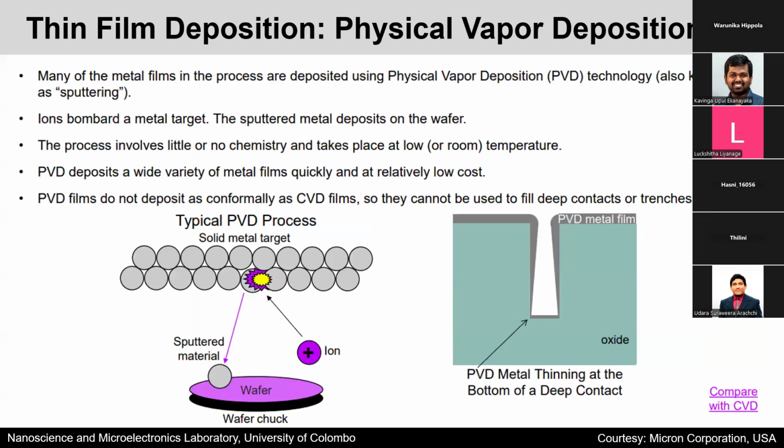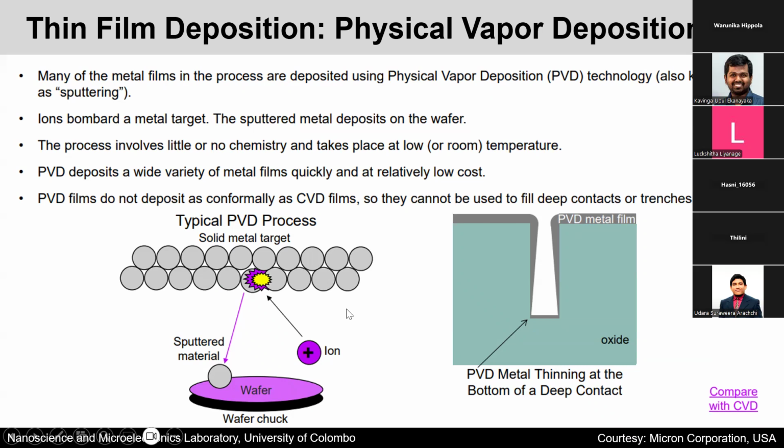Another way of depositing thin films is by using physical vapor deposition, right? So in this technology, what we actually do is we have charged ions, we have a solid metal target. Let's say we want to deposit a particular solid metal onto the wafer.